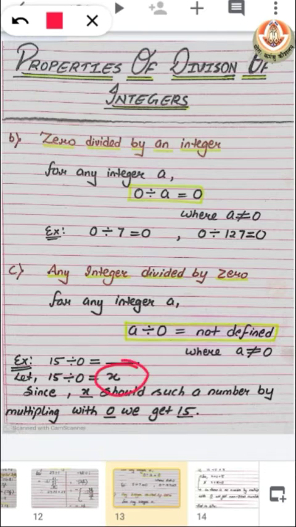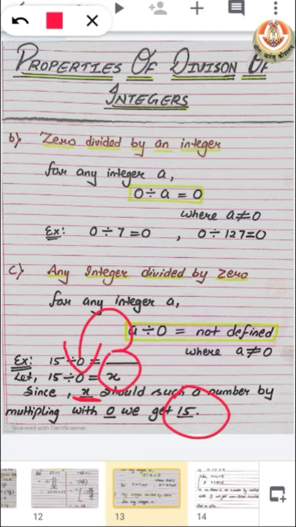Since x should be such a number that when we multiply x with 0, we get 15. Why are they saying that? Let's recall that multiplication division relation which we have discussed in this class very first.